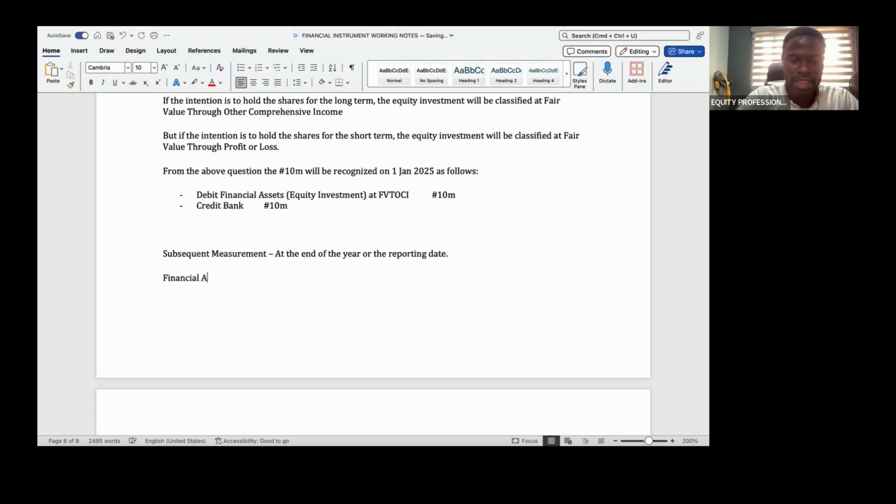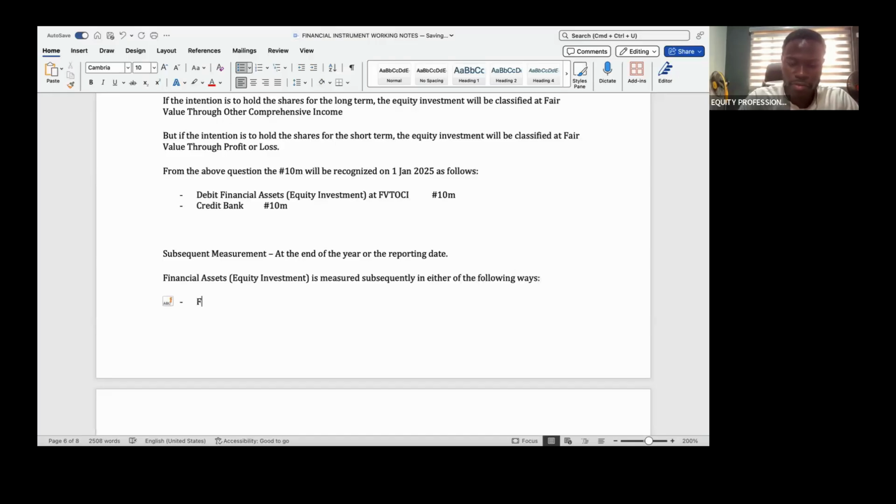So financial assets for equity investments is measured subsequently, that is at the end of the year, in either of the following ways.